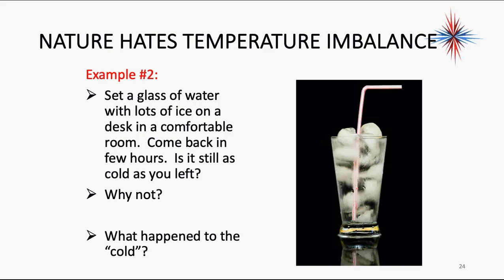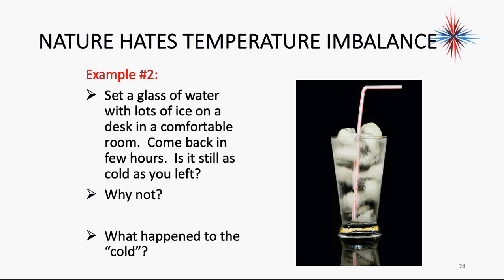Example 2 is the glass of ice water. I've referred to this a lot. You set a glass of ice water on a counter in a comfortable room. Come back in a few hours. Is it as cold as you left it? Nope. What happened to the cold? It went into the heat, because the heat from the room will migrate to the colder environment.